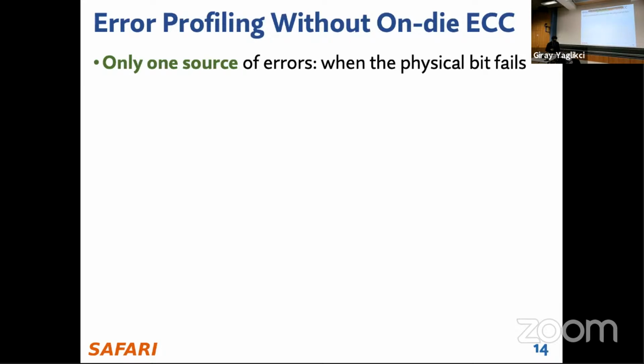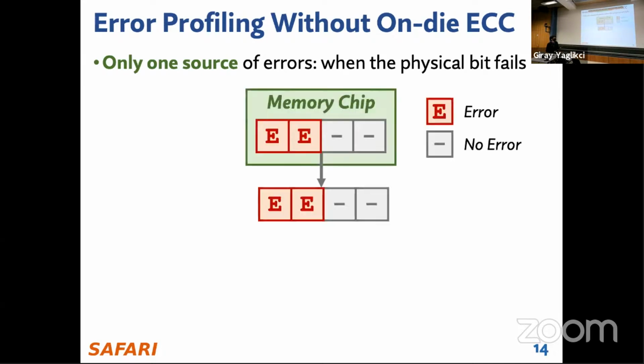Let's take a closer look at the case without on-die ECC. There's really only one potential source of errors, and that's when the underlying physical bit exhibits an error. Here I'm simplifying: suppose the memory chip has 4 data bits, and I mark a bit as E if it exhibits an error, or a gray dash if there's no error. In this 4-bit pattern, 2 bits fail, and what we observe outside is exactly the same.